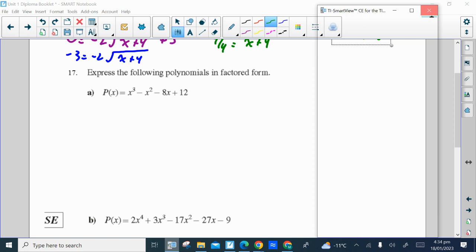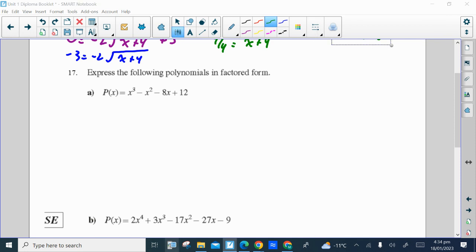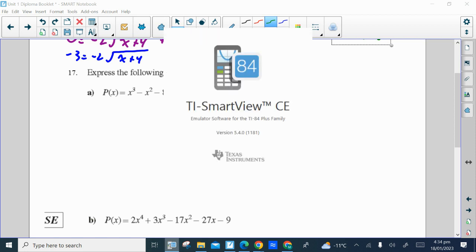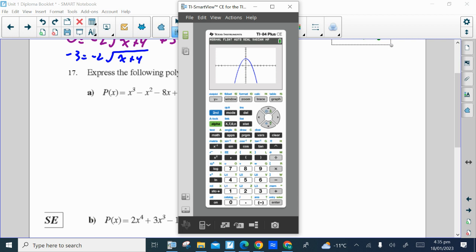You can put that equation into y equals, graph it, and find the first x-intercept, the first 0. Doesn't matter which one you use, but once you have your first x-intercept, you'll have your first factor.